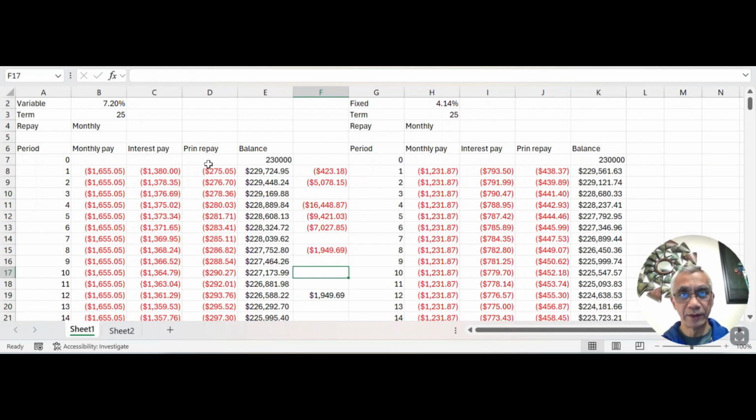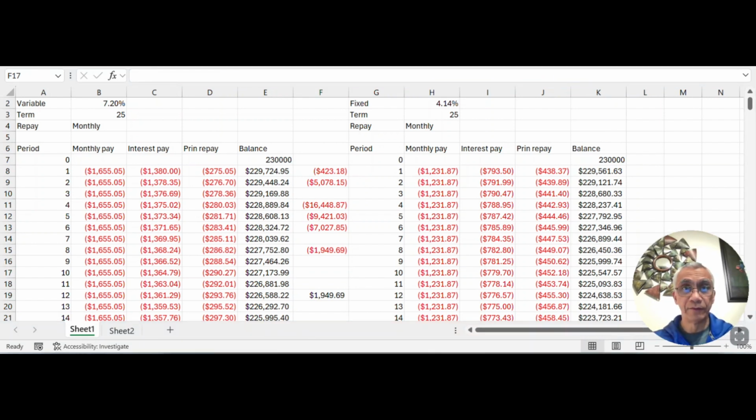But based on this computation, you know that 4,000 is less than 7,000.